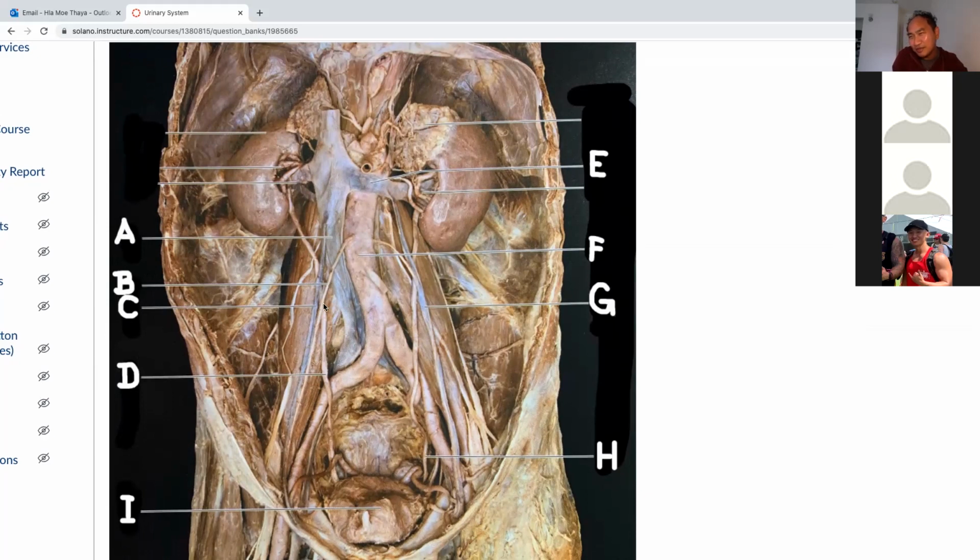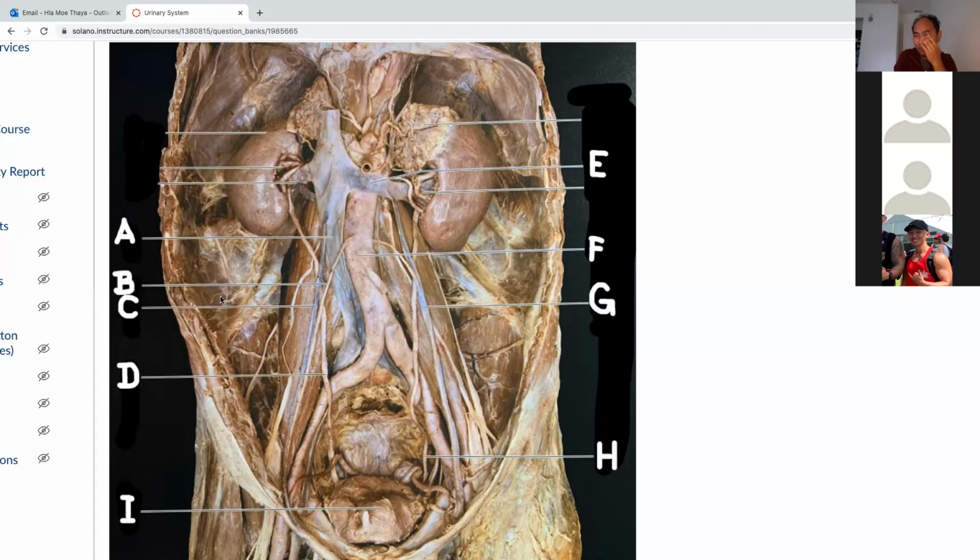Is that the ureter? No. What is D then? D is the ureter, because if you look at it, it is very vertical, very perpendicular, and if you trace it, it is going to the kidney. So D is the ureter.